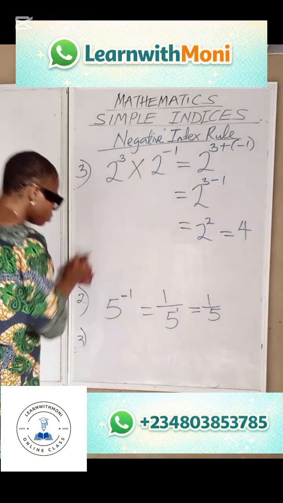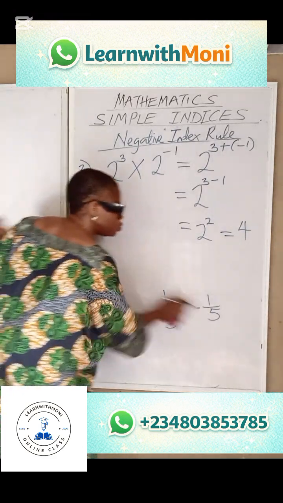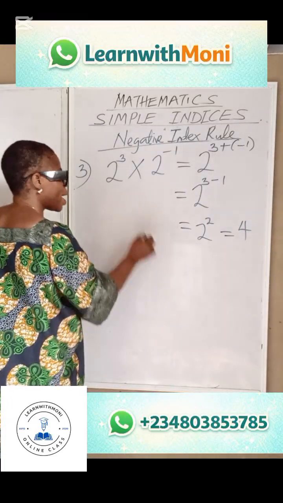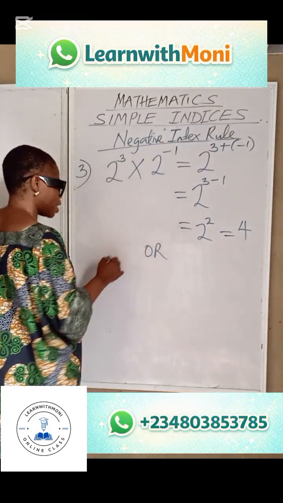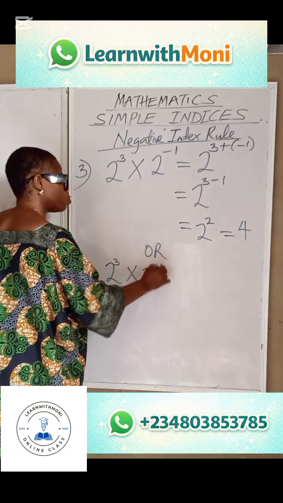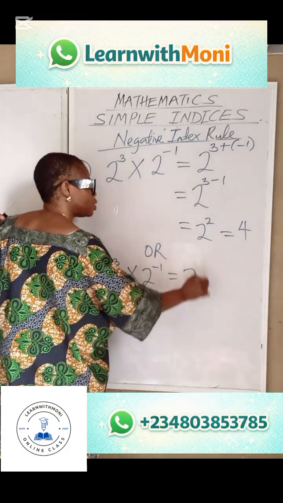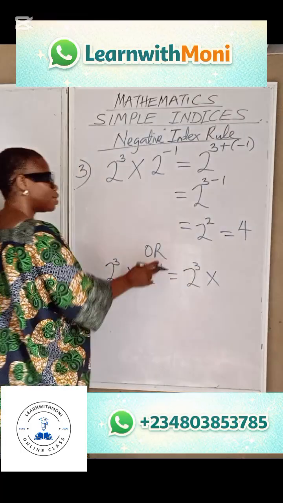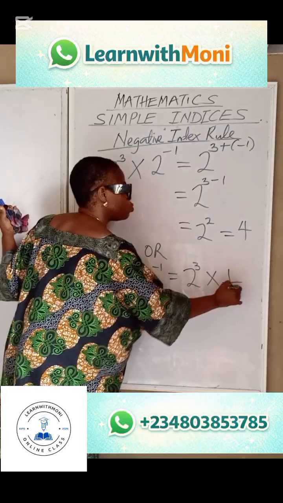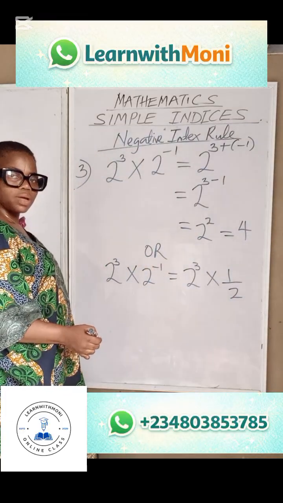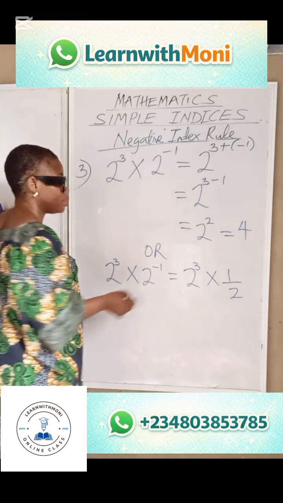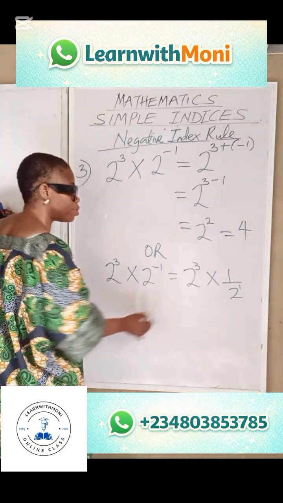But there is also another way of simplifying this using the negative index rule. What I have here can also be simplified this way. 2 raised power 3 times 2 raised power minus 1. 2 raised power 3 times, this negative index means 1 over 2. I hope we know that. So we can simplify that way, 1 over 2 raised power 1.